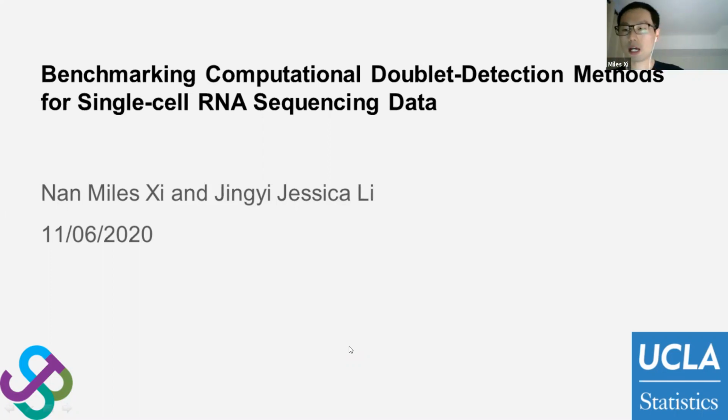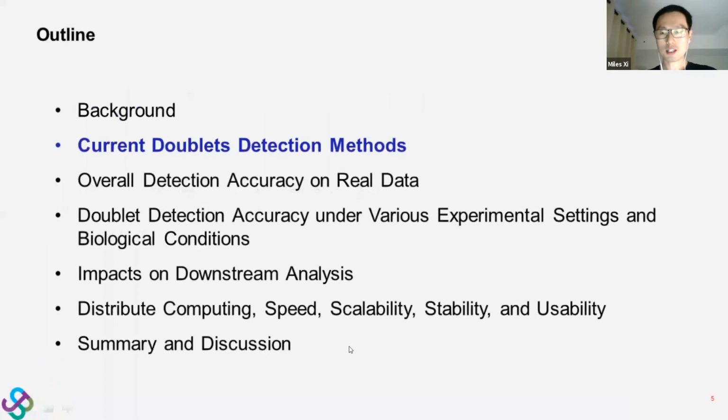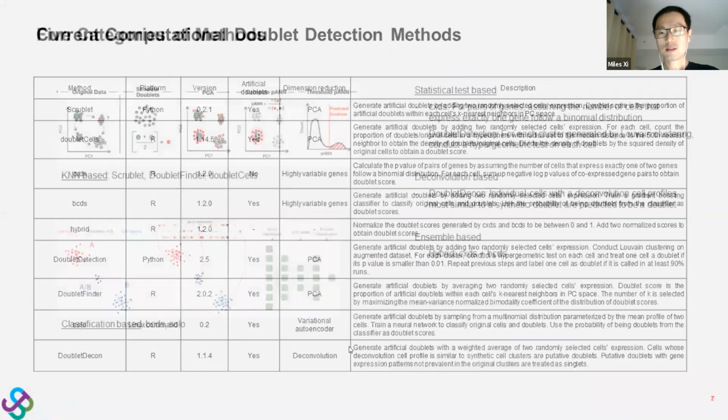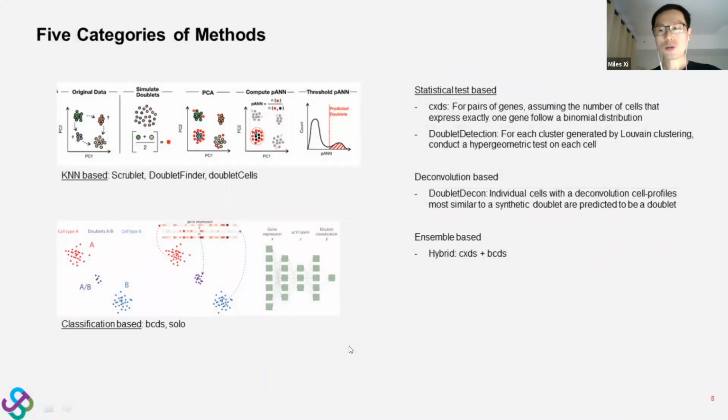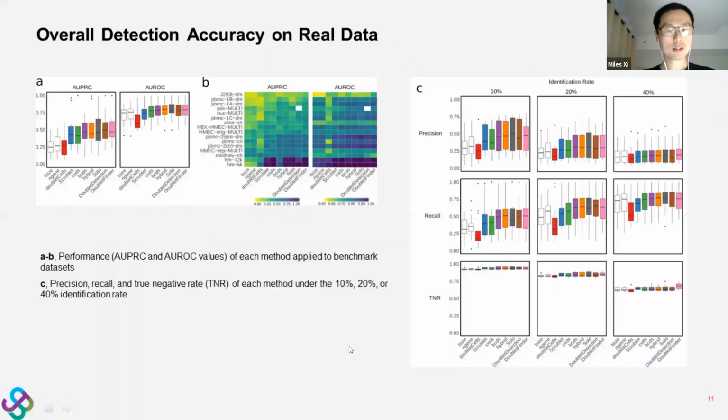However, I have one idea: I want to automate all those benchmarks, which means we can make a package that incorporates all those benchmark studies, so that if you have a new method, you can just run it, and it will go through all those processes and compare with current methods.